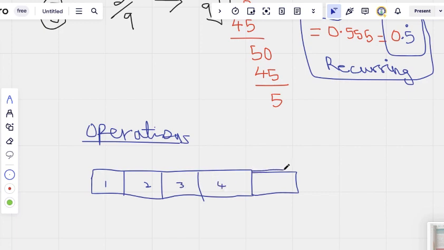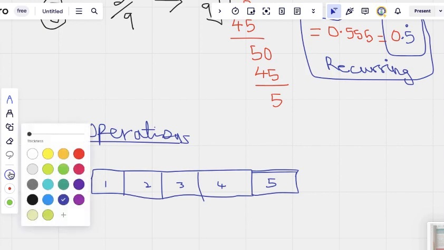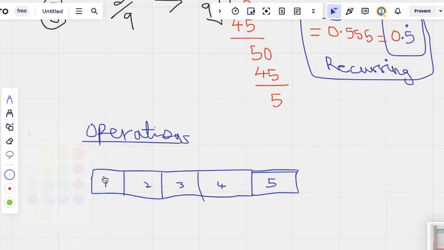Now, this is a whole loaf of bread. We divided it into 5. Let's assume this is a loaf of bread, and we can decide to shade some of it. Let's say we shade this.